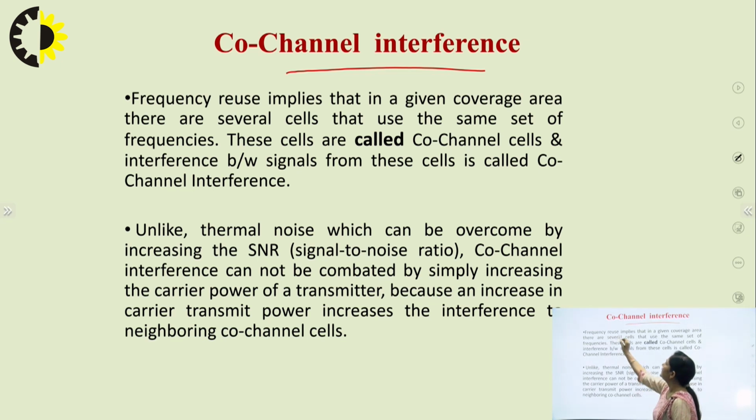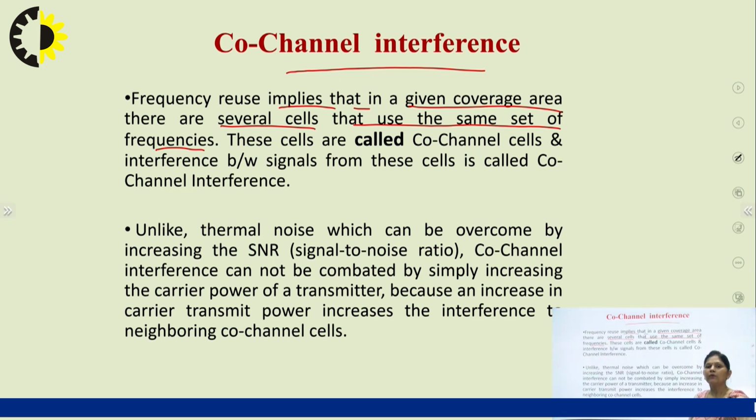Frequency reuse implies that in a given coverage area, there are several cells that use the same set of frequencies. As we know, in a cellular system, the concept of frequency reuse is used. That means the same frequencies are being used by different users. If one is working on the F1 frequency, then some other user at a particular distance from that user is also working on the same frequency F1.